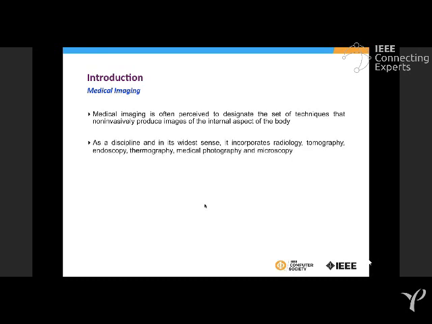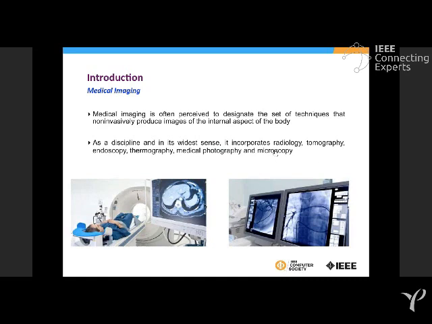So in a nutshell, this particular domain of medical imaging means we can have images in different scales and different forms. Some of the common domains of medical imaging are radiology, like X-ray, and tomography, like CT or PET.